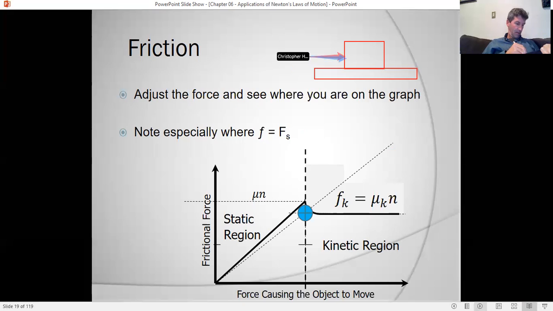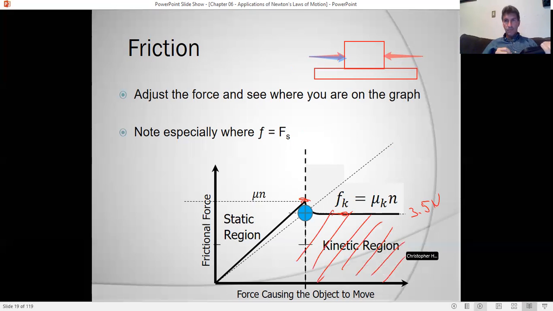Use blue right here. I have to reduce the amount of force that I have going forward. Otherwise, if it took 4 newtons to get it going, and this represents like 3.5 newtons, I'll have a net acceleration. Okay? But again, once it's moving, I can lower how much I'm pushing on this box, and it'll keep going regardless of how much force I have.